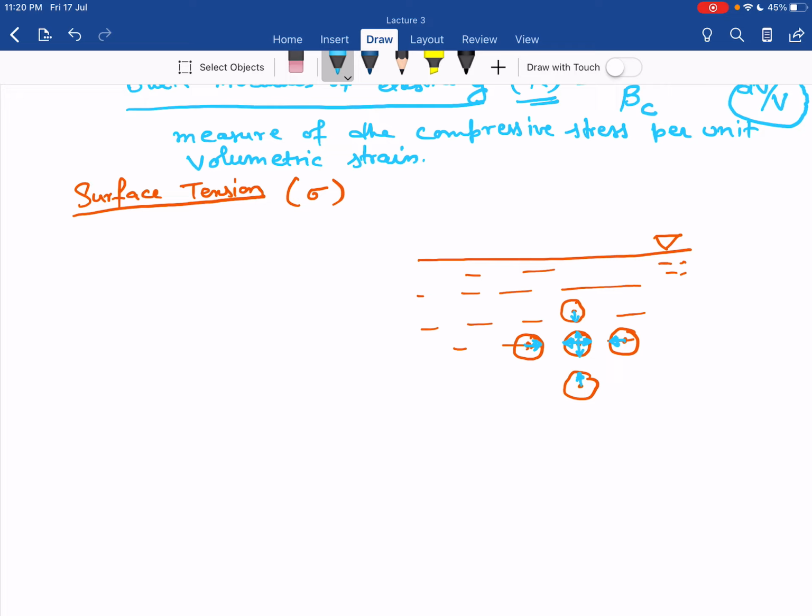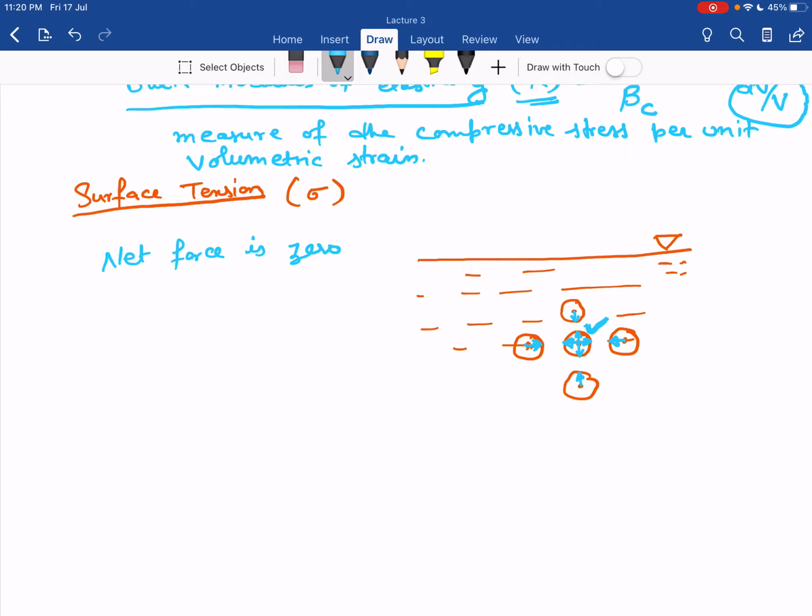Okay. So in this manner, for whatever molecules are well inside the liquid, the net force is zero.